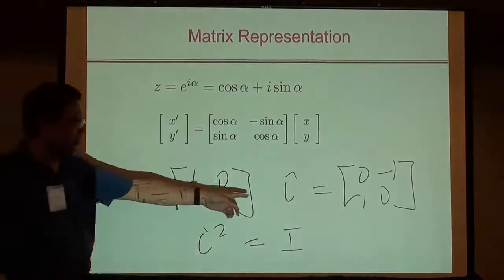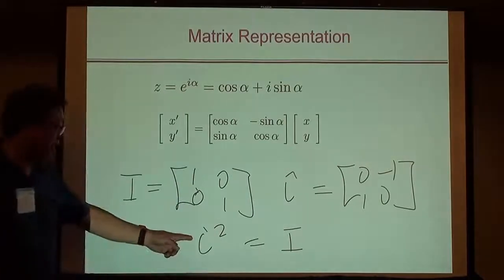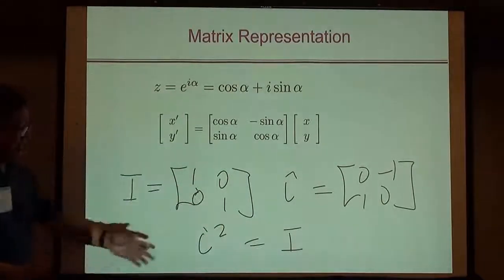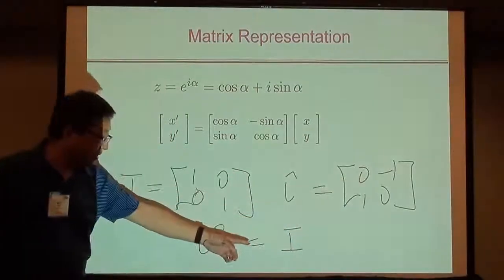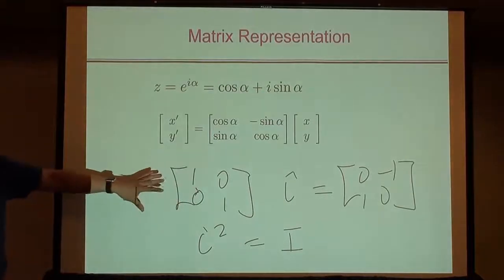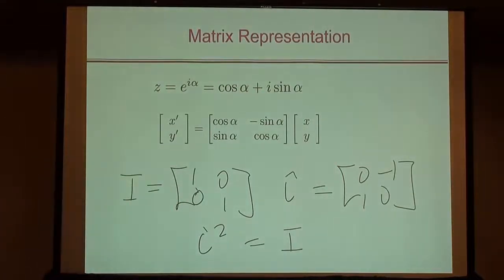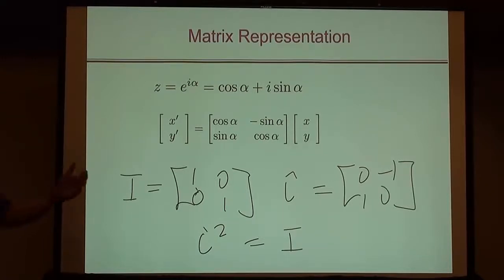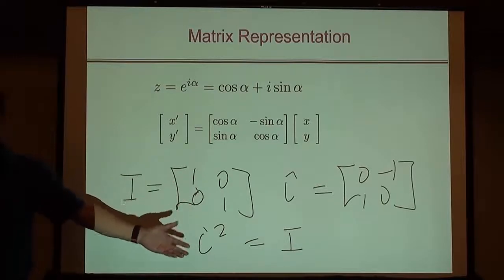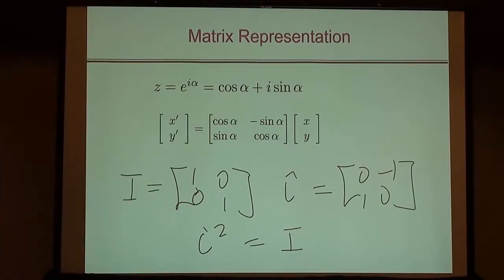Now, if you multiply this matrix by itself, you get the negative of the identity, sorry, this times itself is equal to the negative of the identity. So this rule is the same as i squared equal to -1. The only difference is that one is in terms of the imaginary unit, the complex number algebra, and this one is in terms of the matrix algebra. So that's one thing.